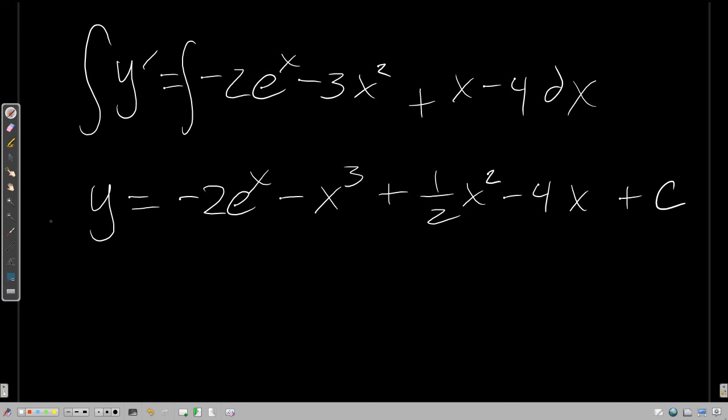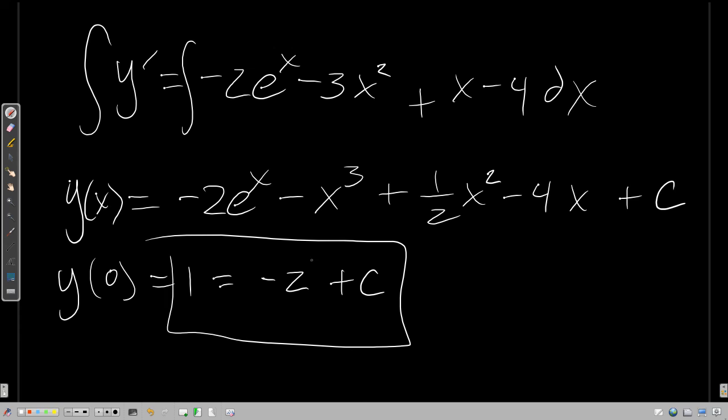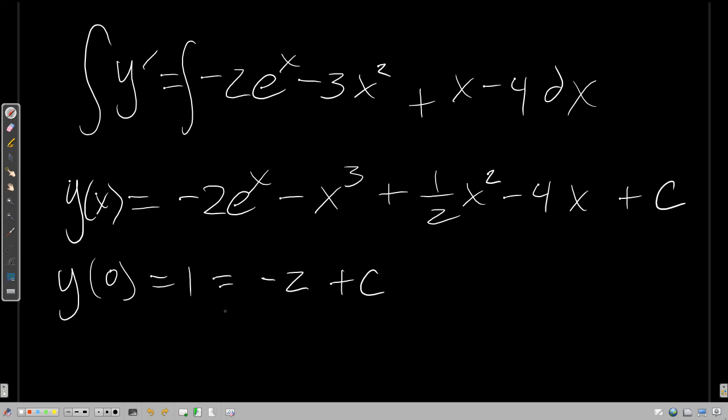And we don't know what that c is yet, but this y is now a function of x, and you know that y of 0 is 1. So that would have to equate to being minus 2 plus c equal to 1.